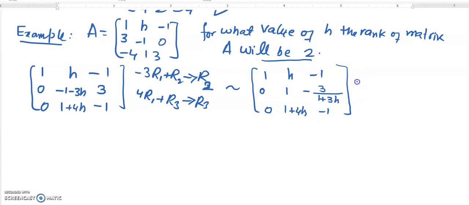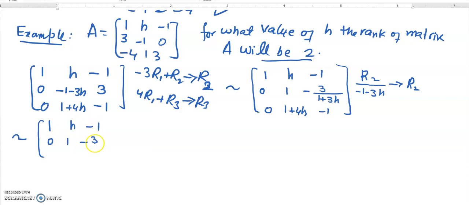So in this case, what row operation have we applied? We have done row 2 divided by minus 1 minus 3H, that is row 2. Okay, the next matrix will be 1, H, minus 1, 0, 1, minus 3 over 1 plus 3H, and then 0, and then it should be 0. So how will it become 0?